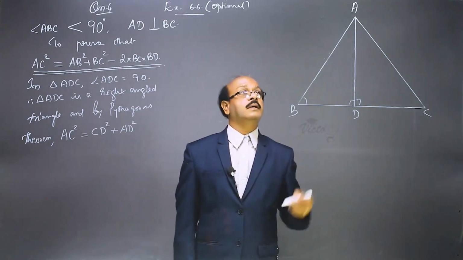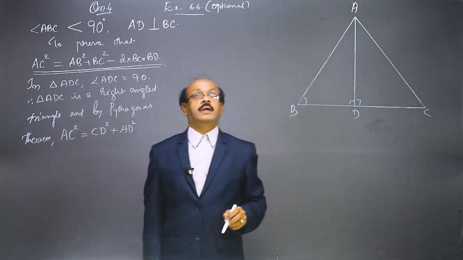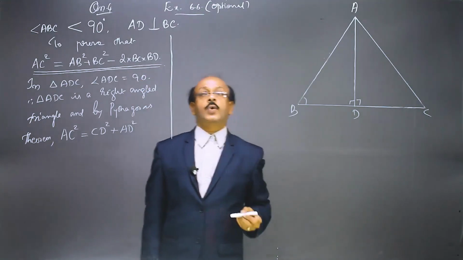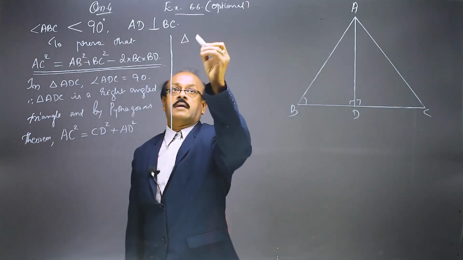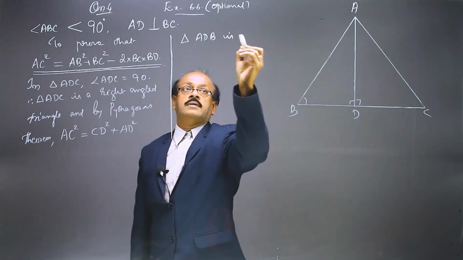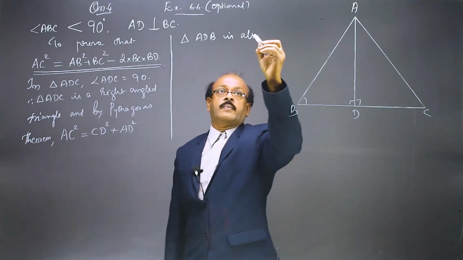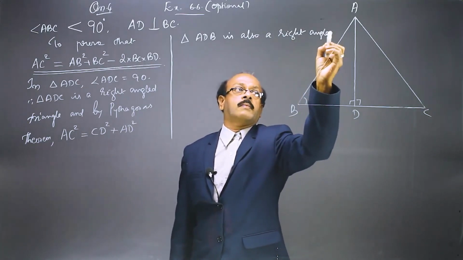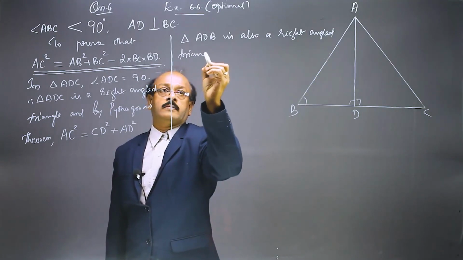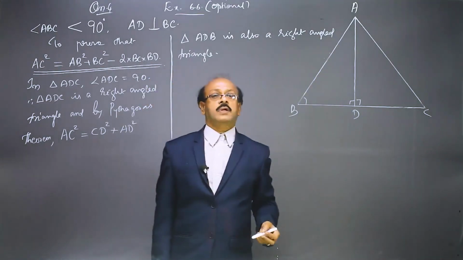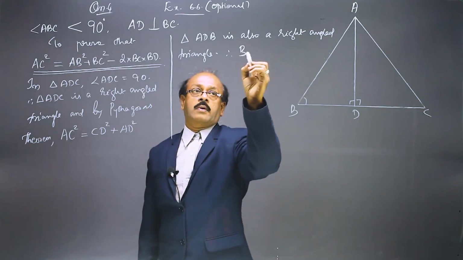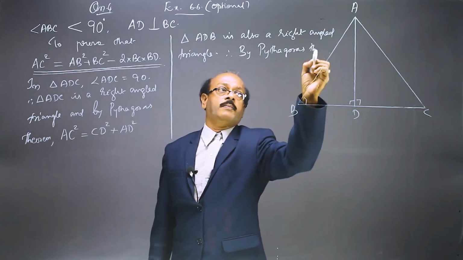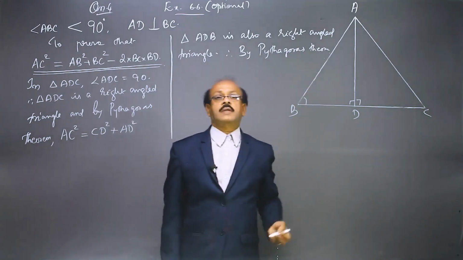For that, we are taking a right triangle ABD or ADB. Triangle ADB is also a right-angled triangle. Therefore, again by Pythagoras theorem, here AB is the hypotenuse.